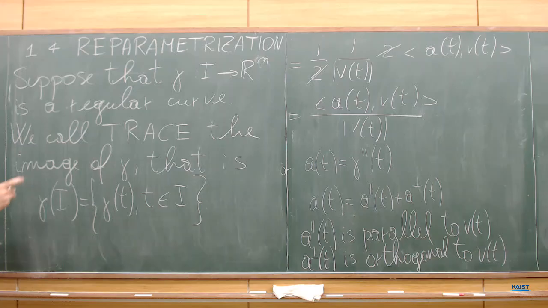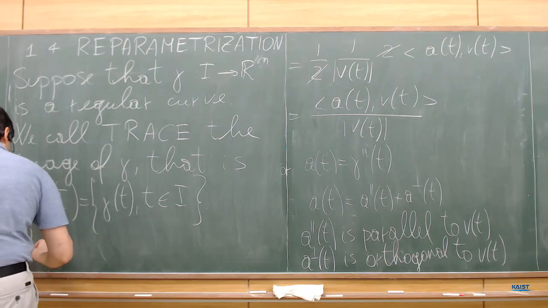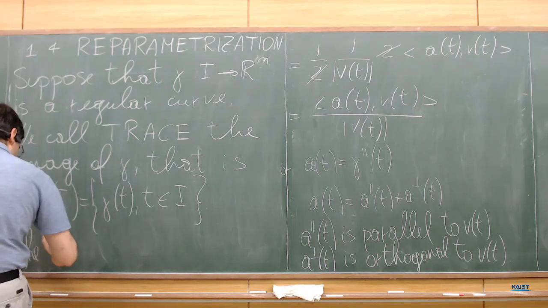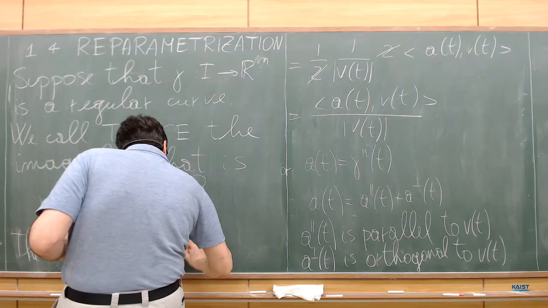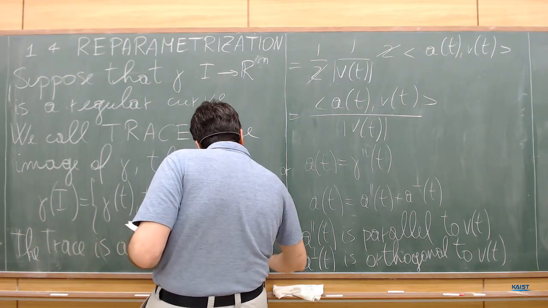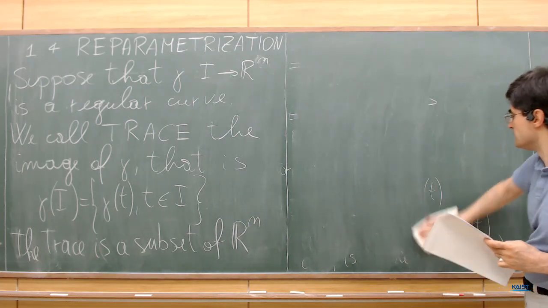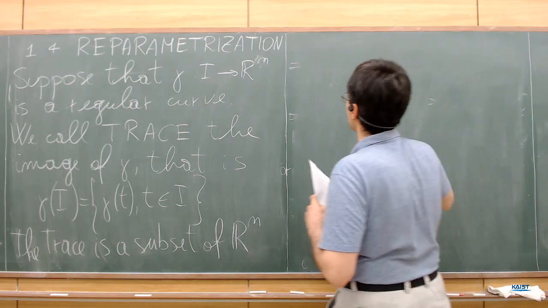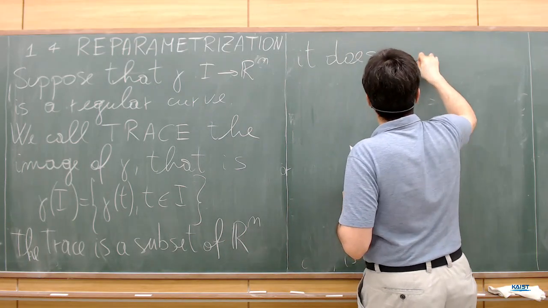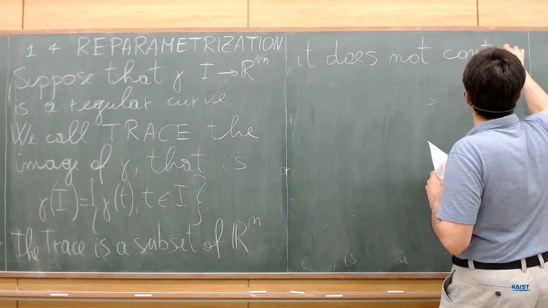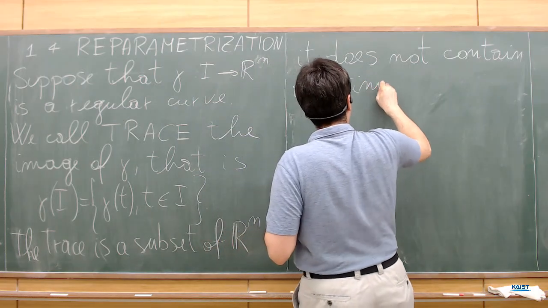So observe that the trace is a subset of Rn, of course, and it does not contain any time information.